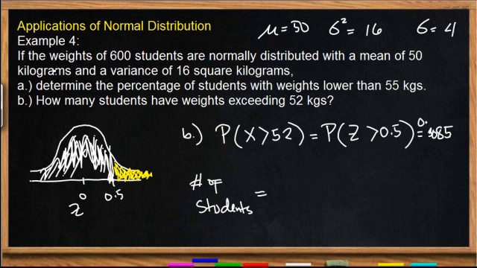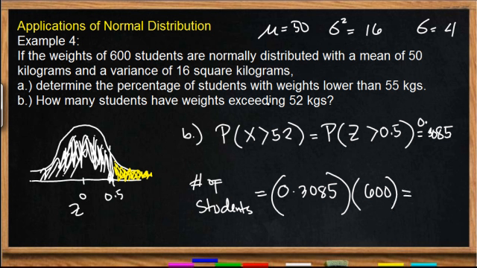And therefore there are 600 students in total, so that's 0.3085 of the students times the total of 600 students.